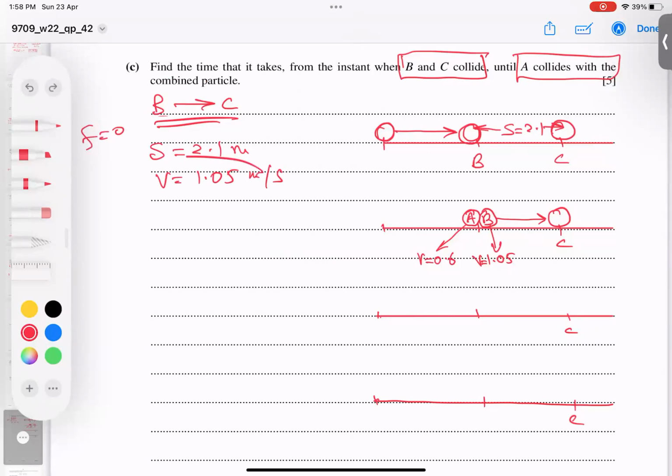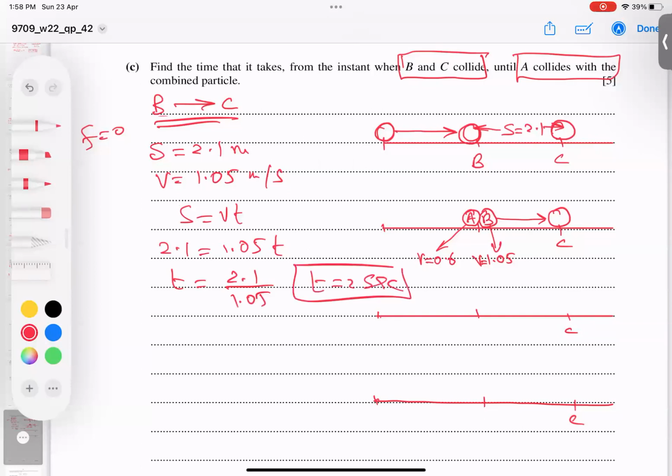It will move with constant speed. Distance is equal to speed times time, so S is equal to VT. So the distance is 2.1, V is 1.05, and time. So time becomes 2.1 over 1.05, and time becomes 2 seconds.